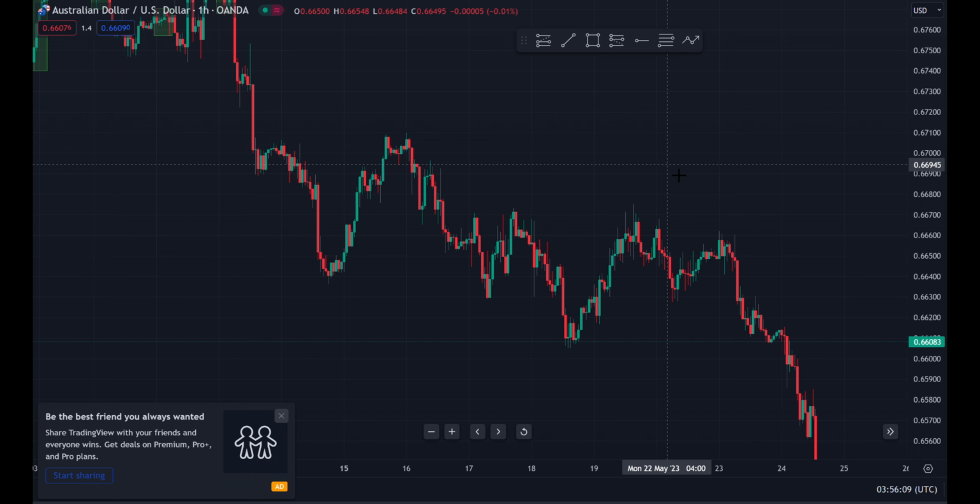This one is already showing us a rally for the first time. Then the second one shows us a drop. Then when the market is back into the top of these two, we shall consider that as our entry.